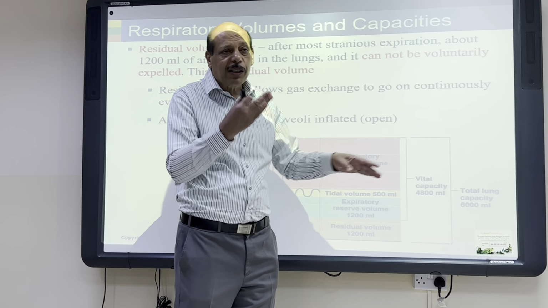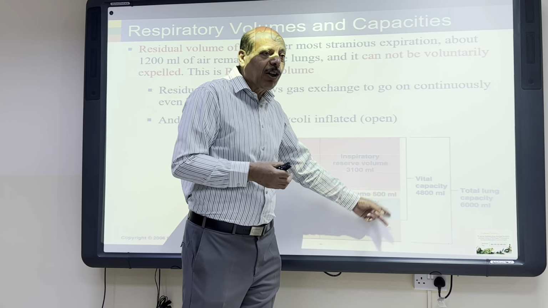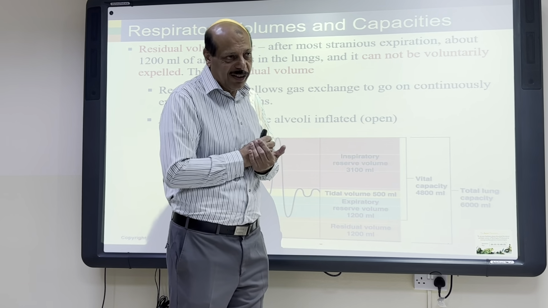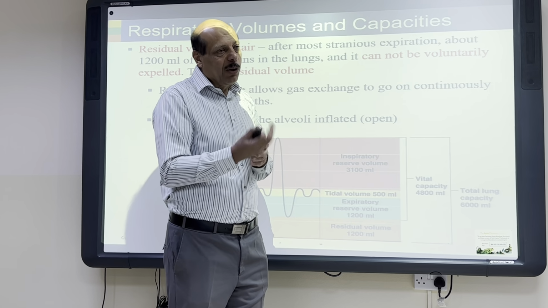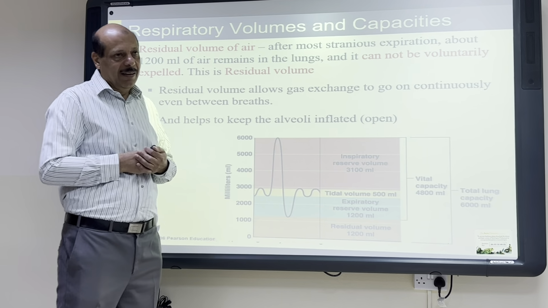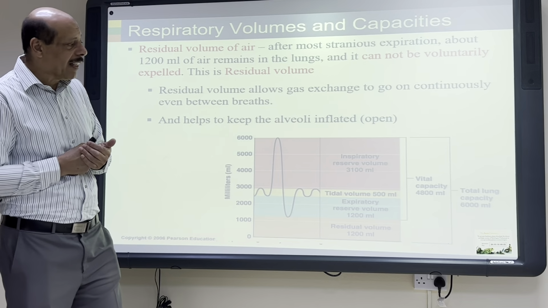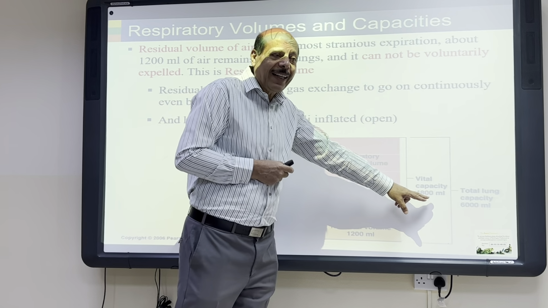Vital capacity because it is the amount of air that I can exchange. So because of that, it is called vital capacity. Okay? So the vital capacity is 4.8 liters.